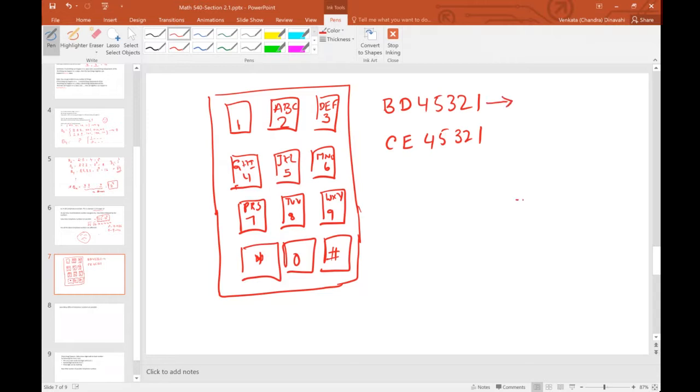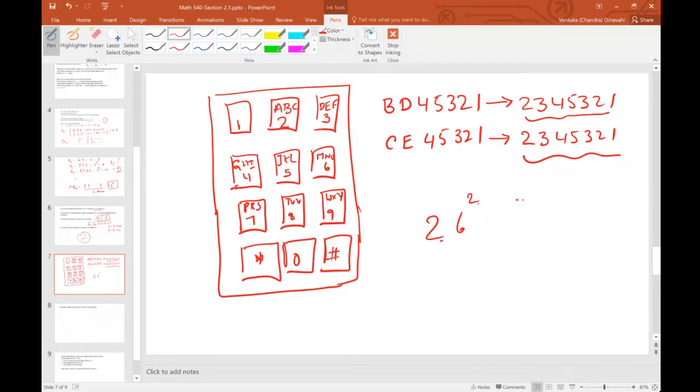Technically these two should be different, am I right? But if somebody wants to call you, B means they have to press 2, D means they have to press 3, and then 4, 5, 3, 2, 1. That is your telephone number. Now, if they want to call your friend, C means they have to press 2, E means they have to press 3, 4, 5, 3, 2, 1. That means both of you have the exact same telephone number.